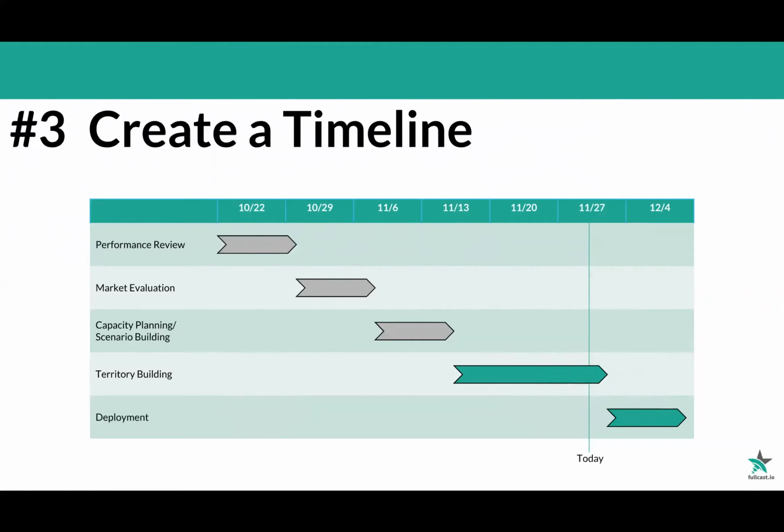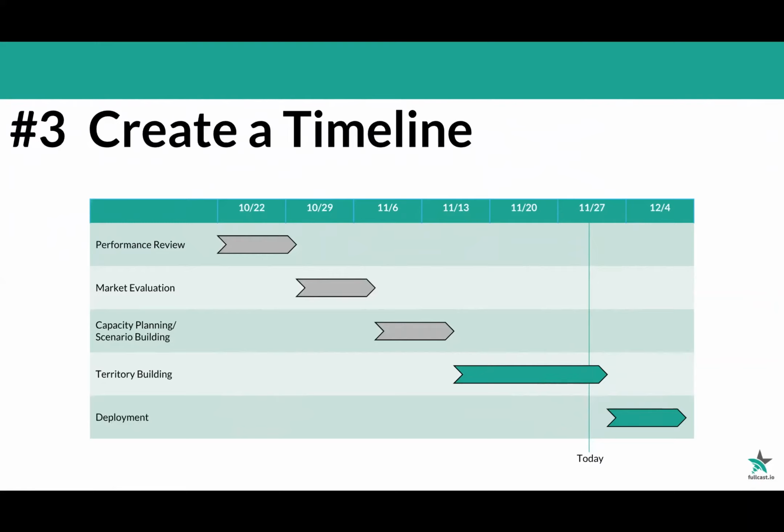So ultimately, you want to work back from what your ultimate deadline and goal is, potentially deployment of your territories and quota and compensation plans, and think about all the different processes that need to get done before that.